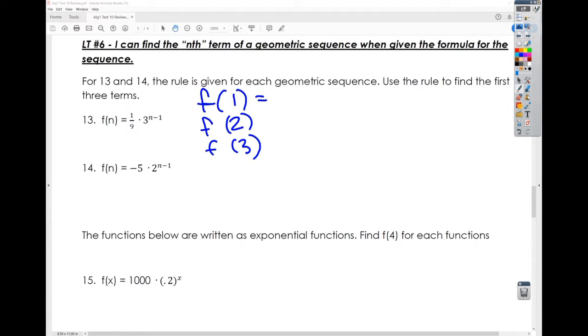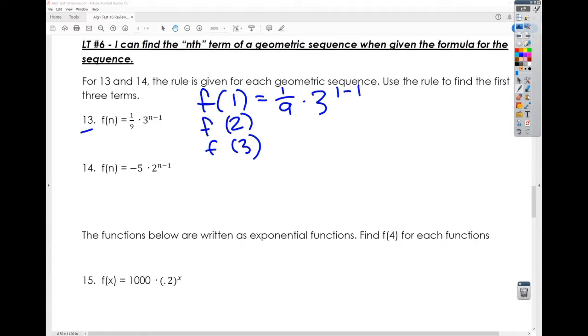would come out to. For f of 1, for problem 13, we would have 1/9 times 3 to the 1 minus 1. Okay.